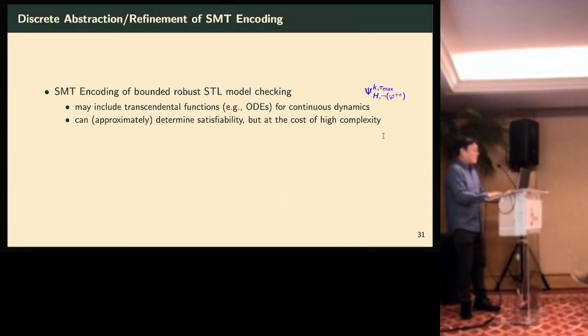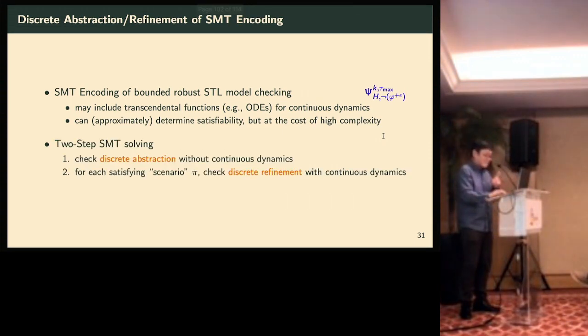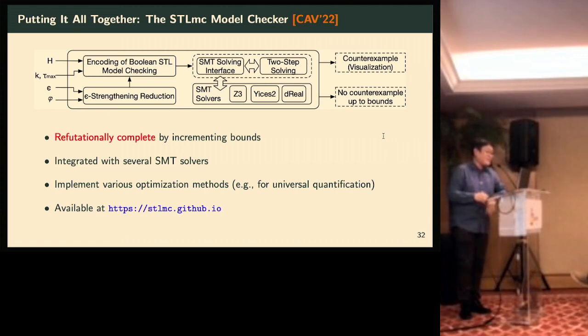For the algorithm level, you also perform some abstraction, but I skipped it because there's no time. Anyway, this is the architecture of the model checker. We're given a hybrid automaton or hybrid system, and two bounds: the discrete bound and the time bound. The time bound can be infinite for a special case.